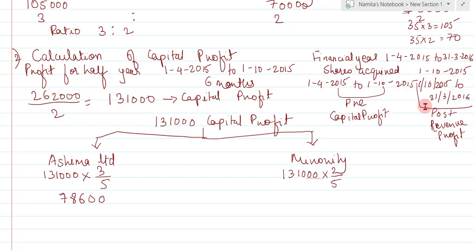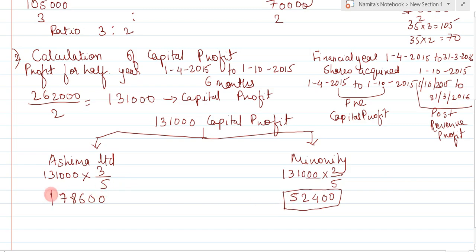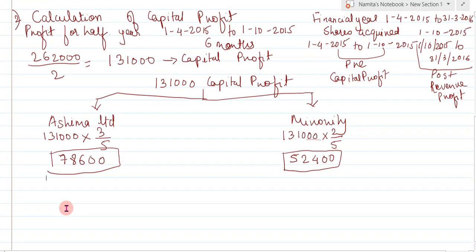So the minority share is 52,400, out of 1,31,000, that is capital profit. So the share of Anshima Limited out of 1,31,000 is 78,600 and the minority share is 52,400.